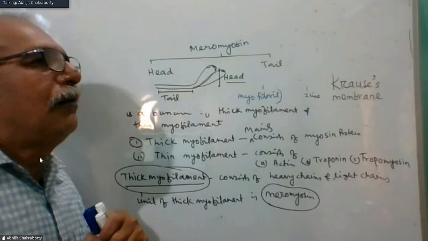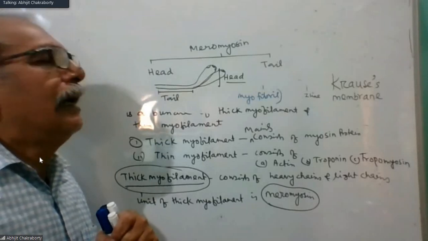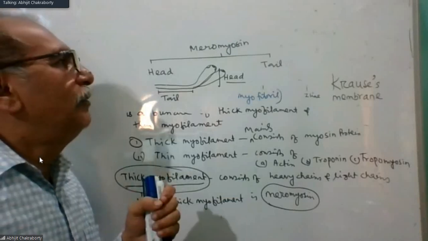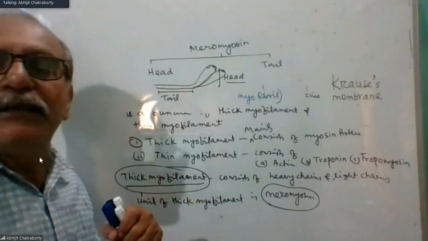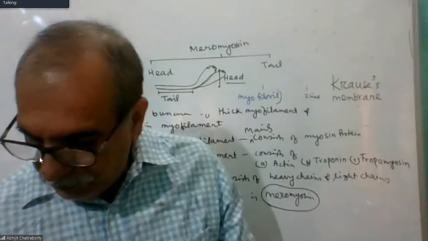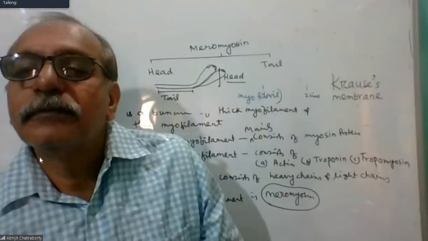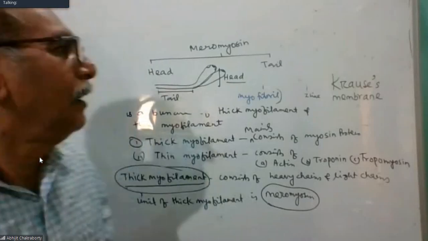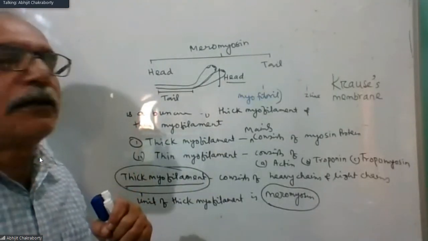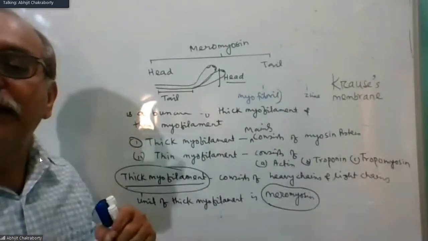Tail region is made of two heavy chains and head region is made of four light chains. So this is the structure of meromyosin. It is required to be understood, otherwise you cannot understand the muscular contraction. Is it clear up to this?